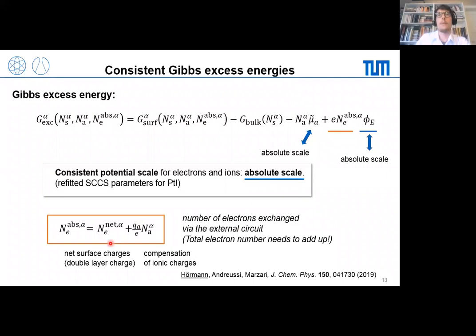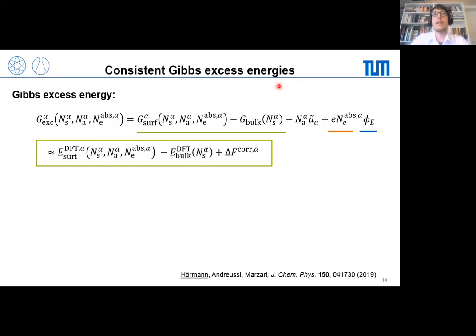Then it is maybe still not totally clear what these Gibbs free energies are. Are they easy to calculate? In all we did so far, we use the typical approximation that we can approximate this free energy difference as the difference between DFT total energies plus some correction due to adsorbate vibrations.